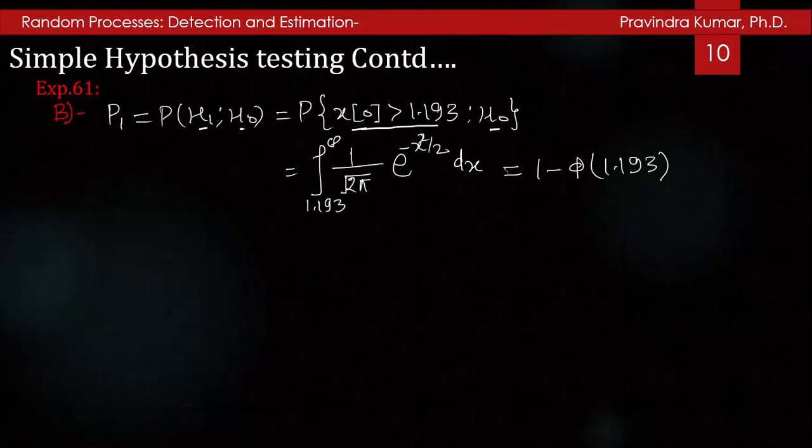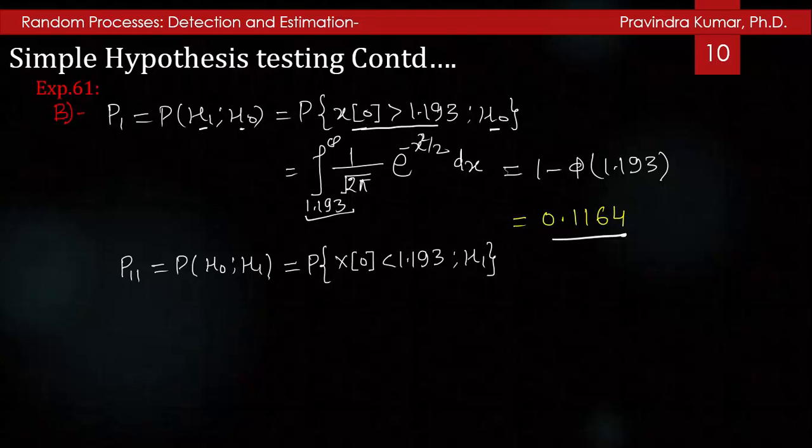So it will be 1 minus phi 1.193, and from the table the value is 0.1164. And so the type first error is 0.1164.